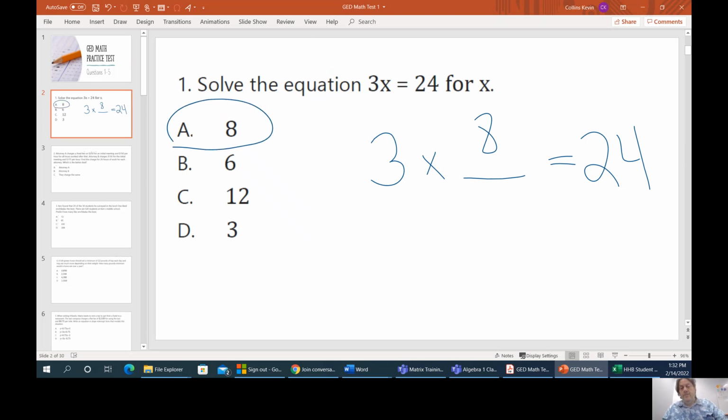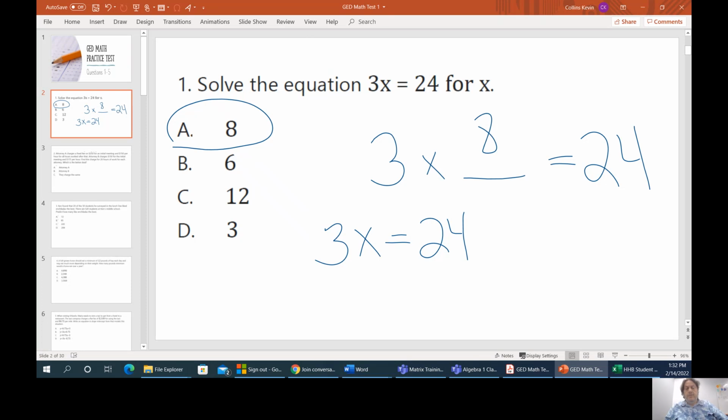The algebraic way of doing this: you've got 3 times x equals 24. We want to get to the point where we've got the variable, and maybe something multiplied by the variable, on one side and the numbers on the other, which is already set up that way.